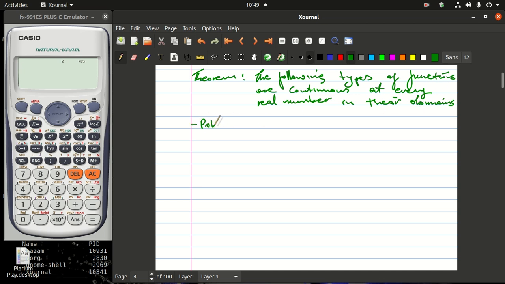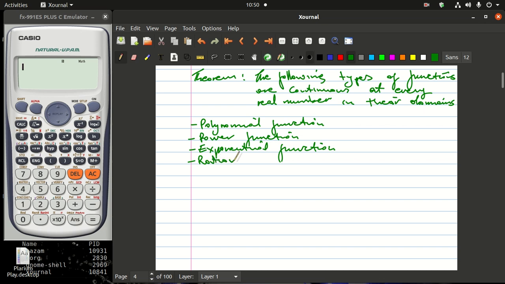So if, let's say, you are talking about polynomials or polynomial functions, they are continuous in their domain. And if you are talking about power functions, they are continuous in their domain. And exponential functions are continuous in their domain. And if we are talking about rational functions, they are continuous in their domain.